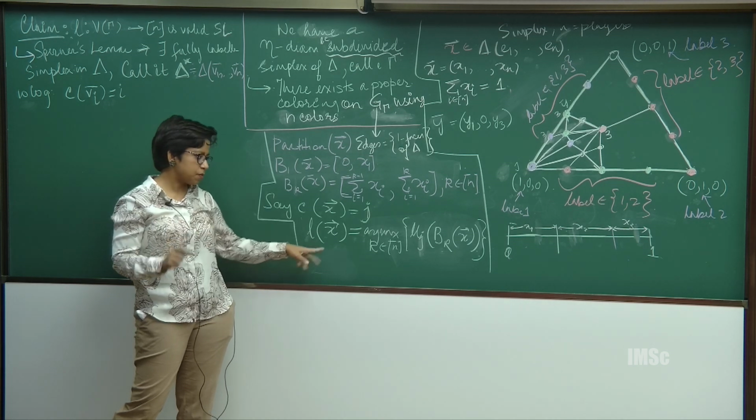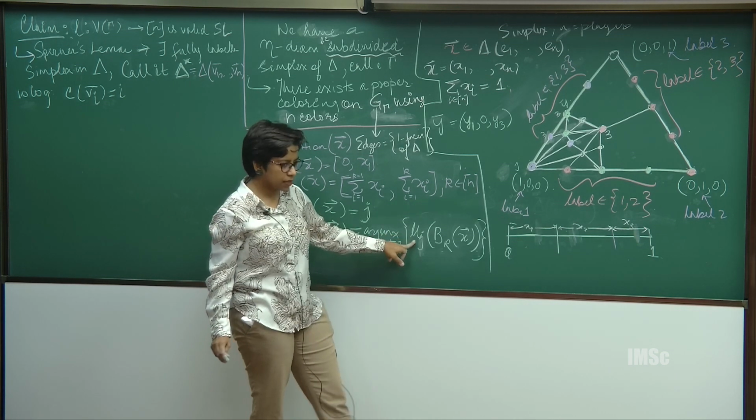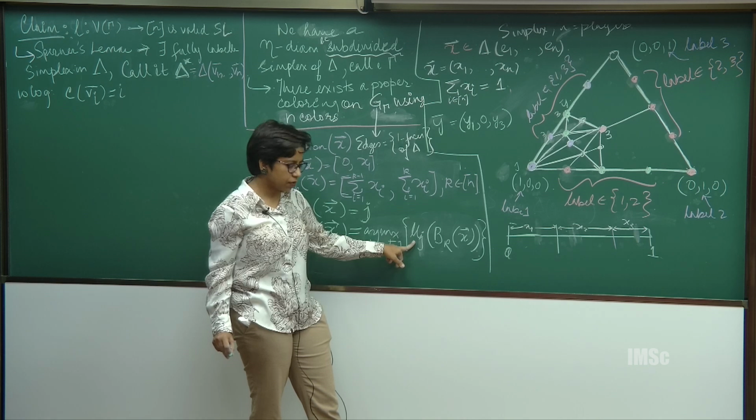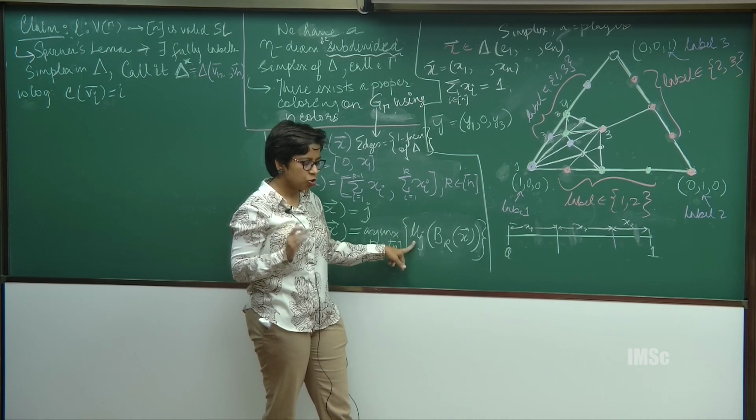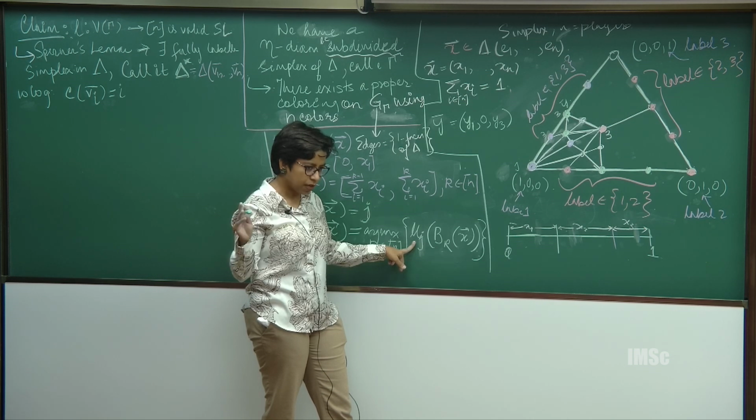This is the utility value, right. So the slice that gives highest utility to player V1. So it's like the most favorite piece in the slicing.